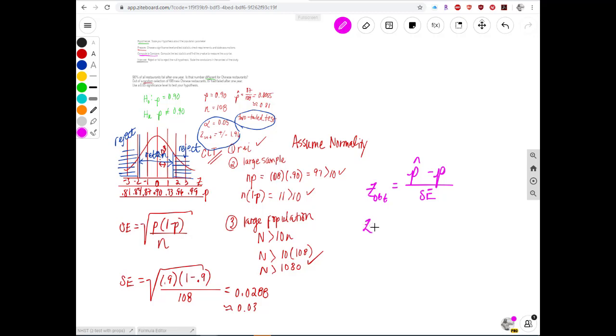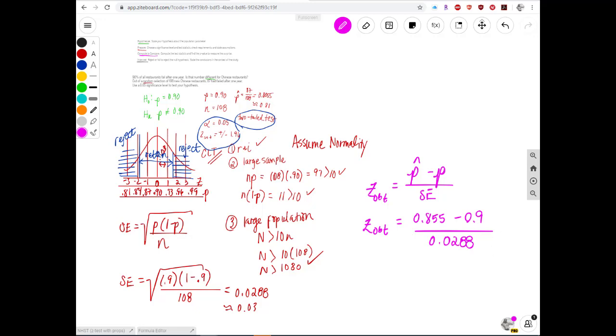Okay, let's plug everything in. So my z obtained is going to be 0.855 minus 0.9 divided by 0.0288.